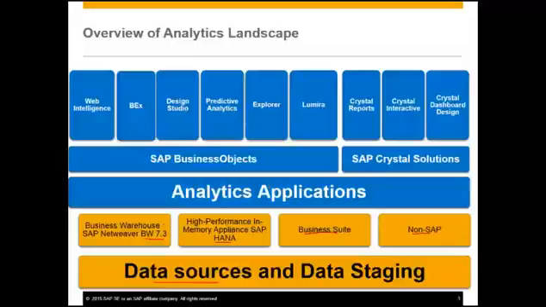From SAP, right now they have two major categories. One is from SAP Business Objects, which includes Web Intelligence and Analyzer. This is the traditional front-end tool that is still being used today. Then you have Design Studio, Predictive Analytics, Explorer, Lumira, and so on.